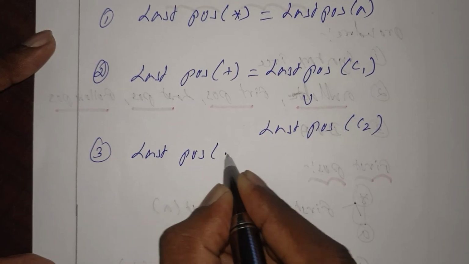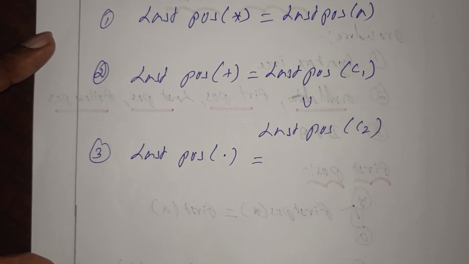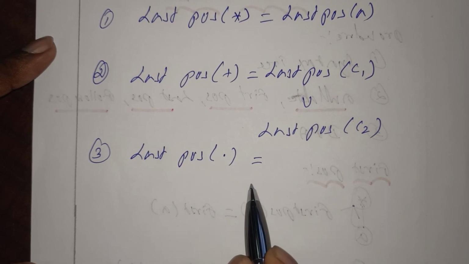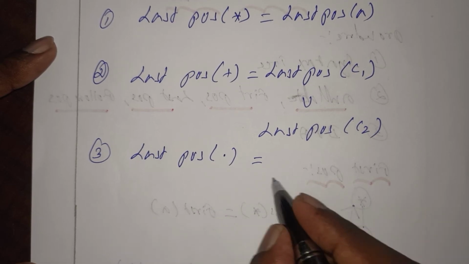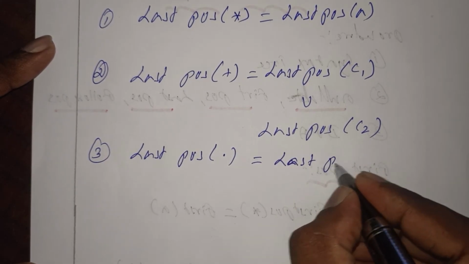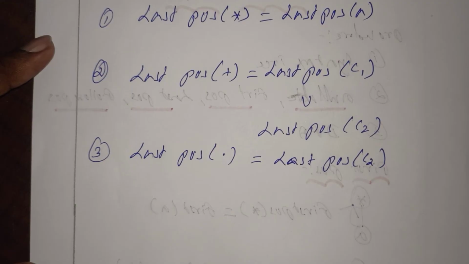Last position of dot, how does it happen? It is going to be in a similar way, but it will take the last position value. Actually, last position of dot is equal to last position of C2. So this is what it will get, right?